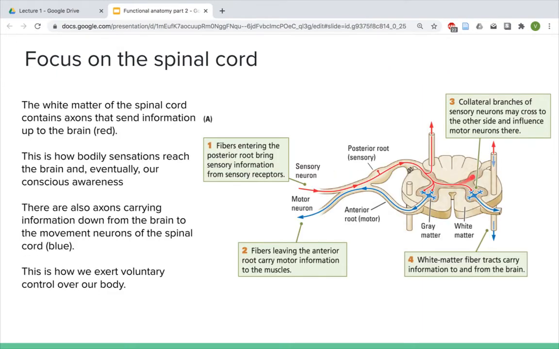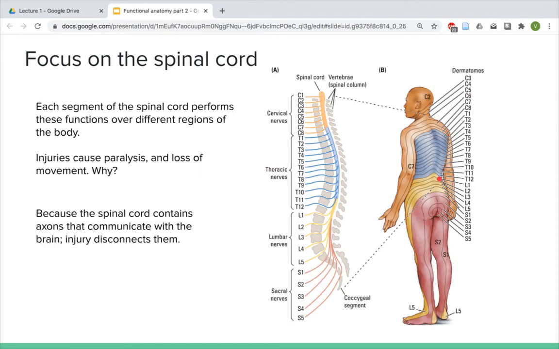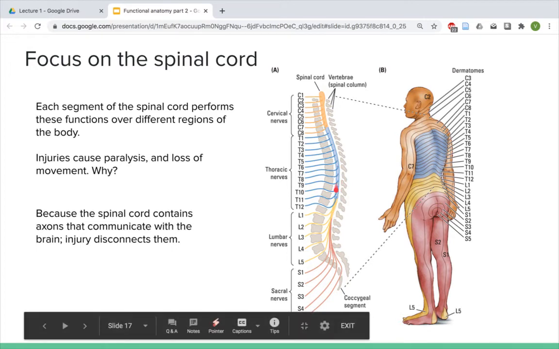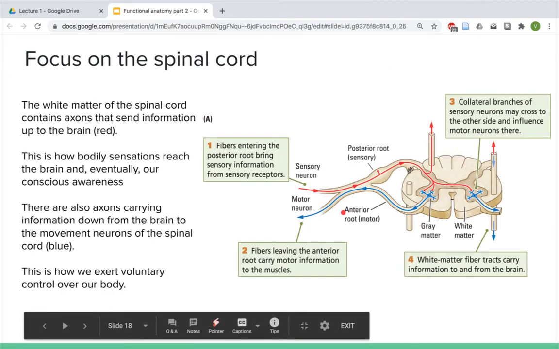It contains all of this white matter, all of these axons that are connecting the gray matter to the brain above it. So if there is a transection or an injury or a crush in part of the spinal cord, you're not only interfering with the gray matter that happens to be located there, you're interfering with the communication that occurs between this part of the spinal cord and the brain.